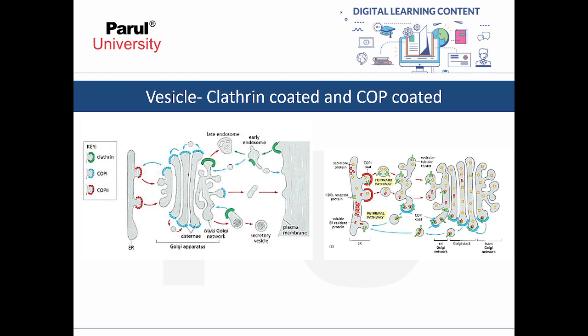The COP1 coated vesicle and COP2 coated vesicle transport material early in the secretory pathway. COP2 coated vesicles bud from the ER and COP1 coated vesicles bud from Golgi compartments.